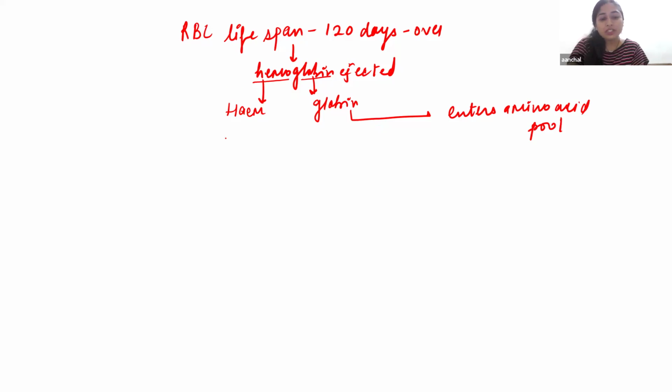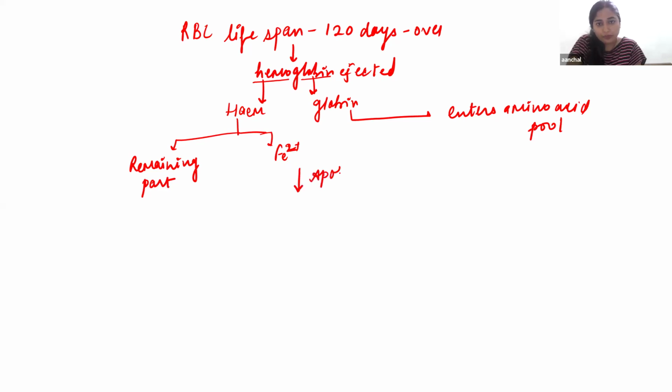Now what will happen to this heme part? Okay, this heme part is the iron protoporphyrin 9. Okay, so it gets split into two parts. The first we have iron, and the another is the remaining part. Okay, so this iron, that is iron Fe2 plus, combines with apoferritin.